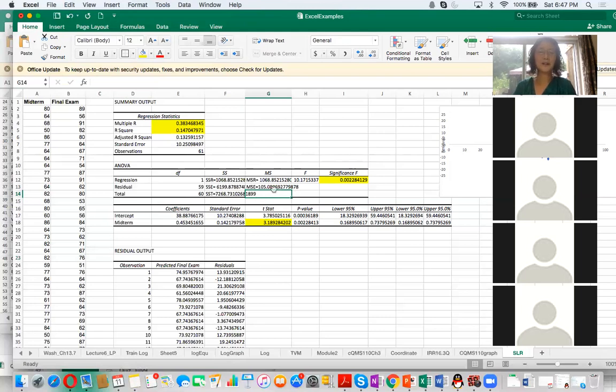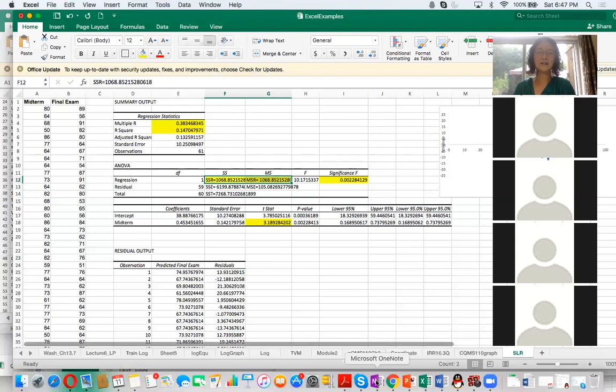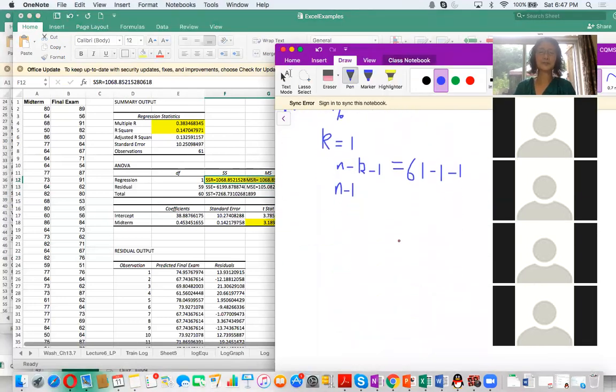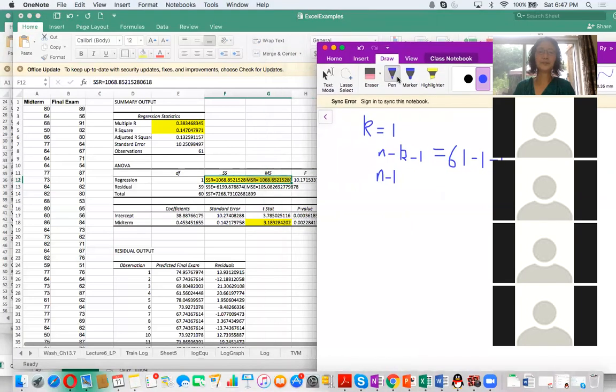So what is the relationship between SSR and MSR? The relationship is mean square for regression equal to sum of square for regression divided by degree of freedom for regression.